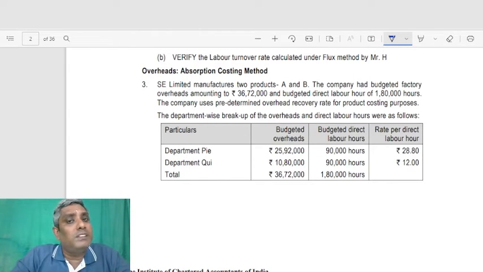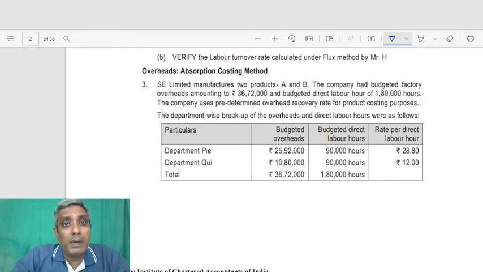Three more keywords in overheads: allocation, apportionment, and absorption. Three keywords. And this chapter covers the primary distribution and secondary distribution of overheads between production department and service department.